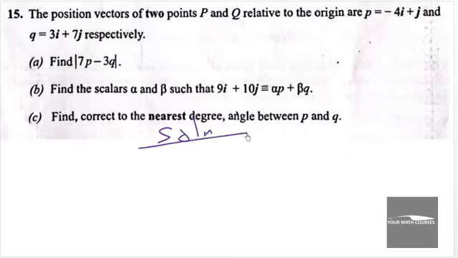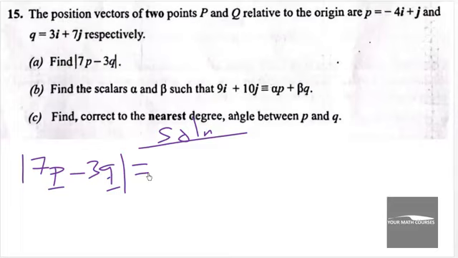So the given position vectors, we have to find 7p minus 3q. So 7 times p, which is negative 4i plus j, minus 3q.